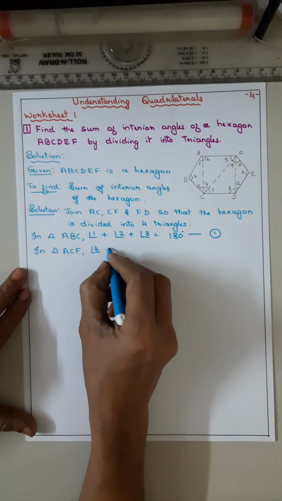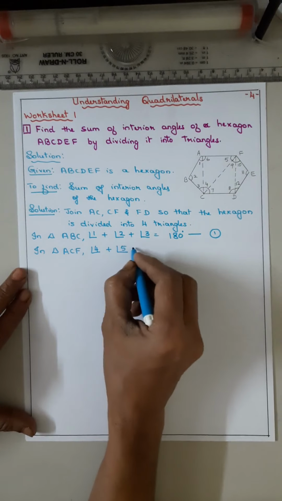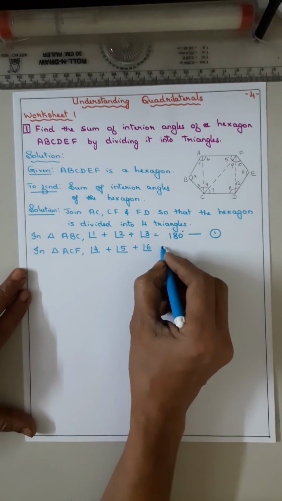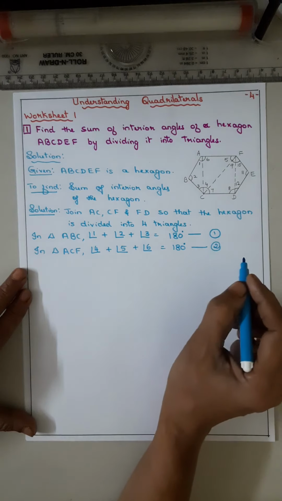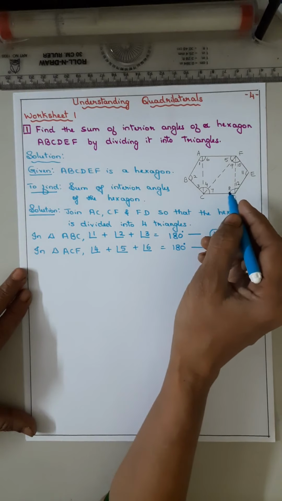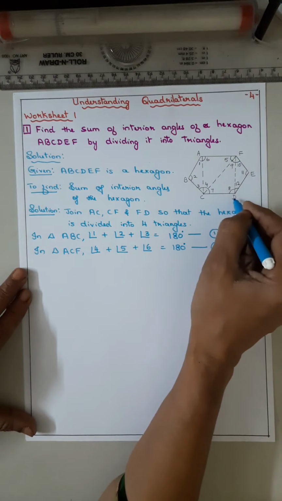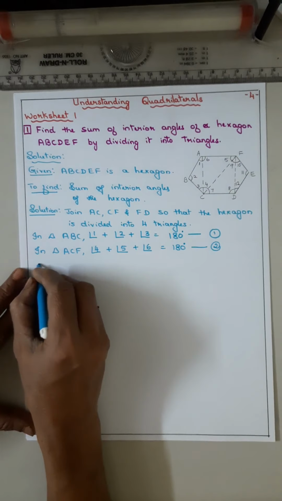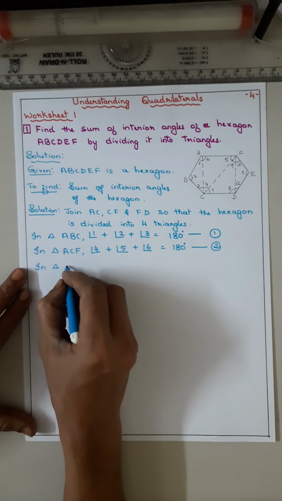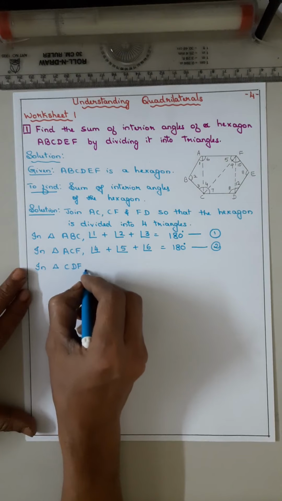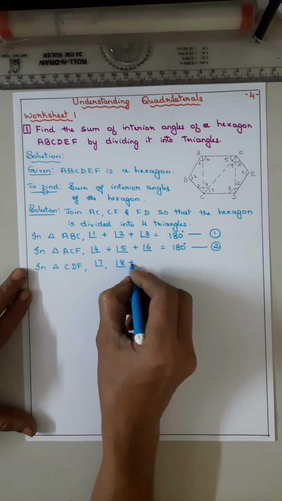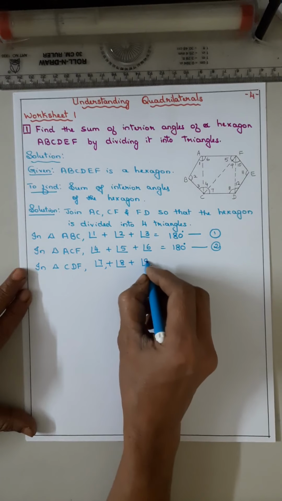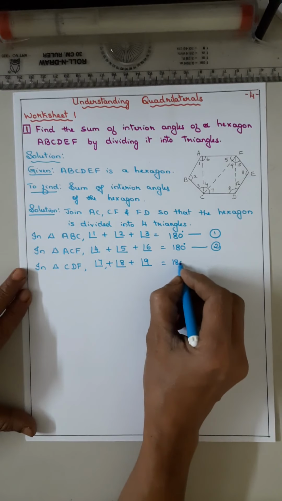Angle 4 plus angle 5 plus angle 6 is equal to 180 degrees. And the third triangle CDF, angle 7 plus angle 8 plus angle 9 is equal to 180.